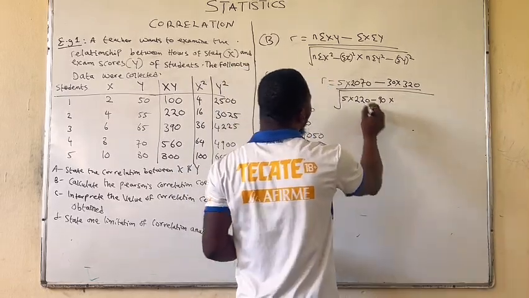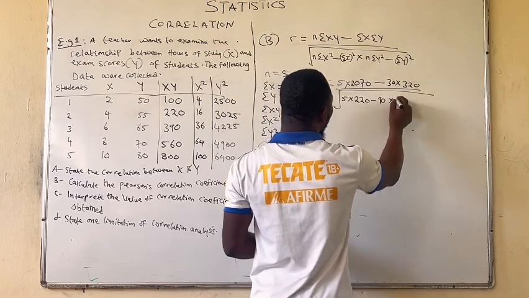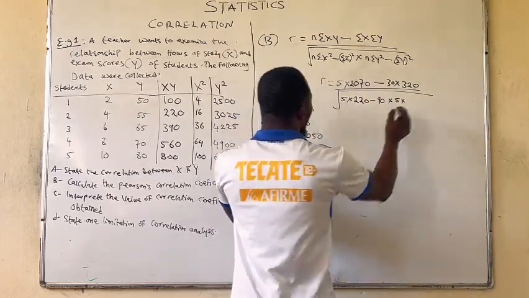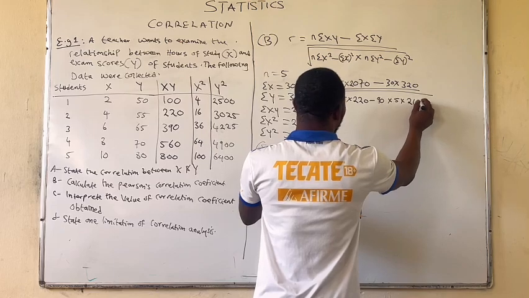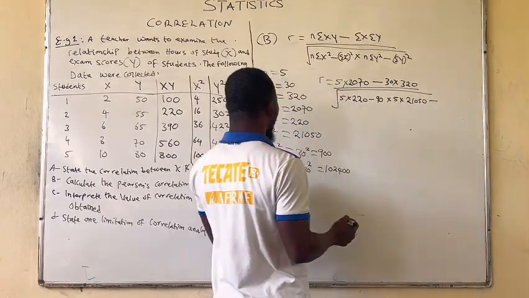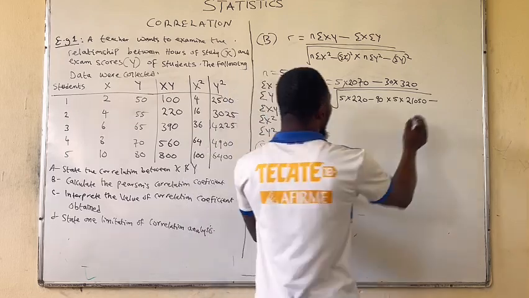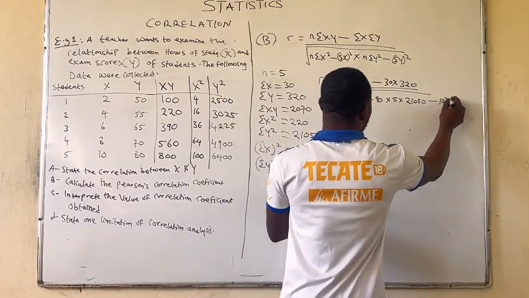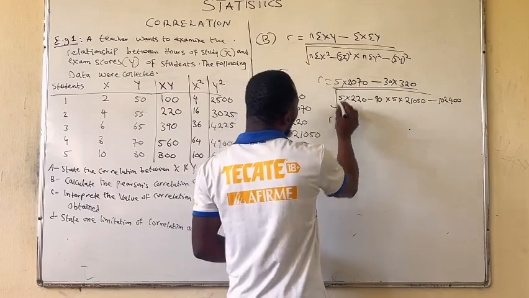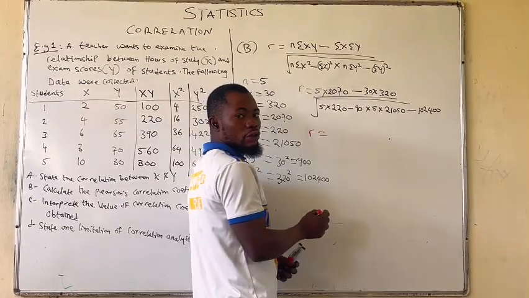Then multiplied by our N, which is 5, multiplied by summation of Y squared, that is 21,050, minus the summation of Y all squared, which is 102,400. So our R will now be 5 times 2070.